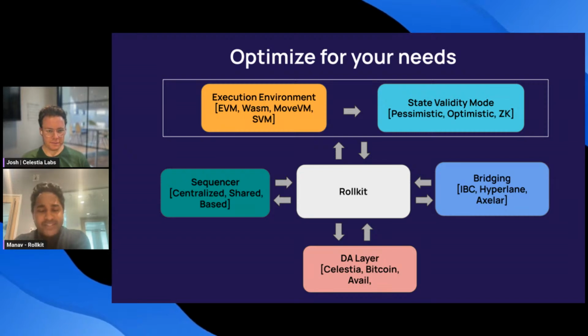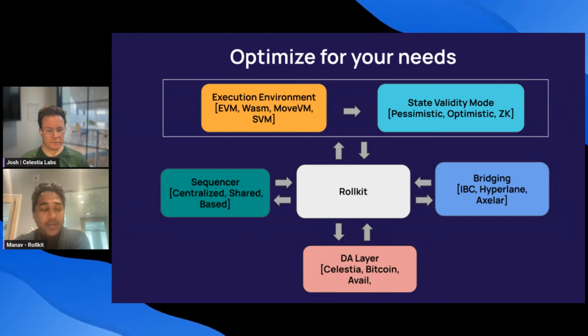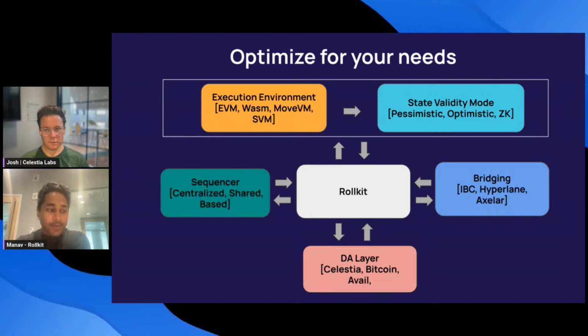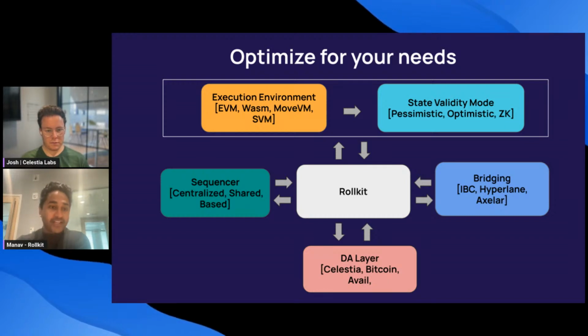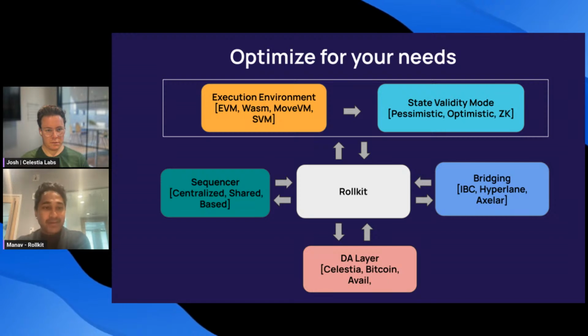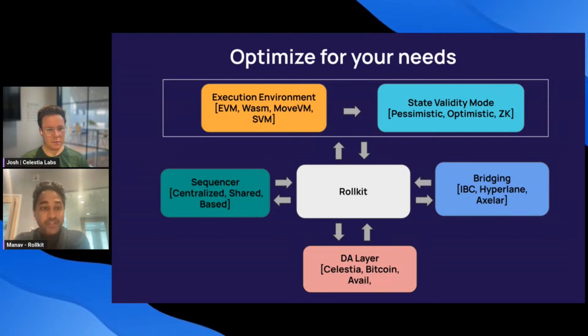Nice. The features I'm most excited about: right now we still support stage 0 rollups, which means there's a node for Rollkit that does both sequencing and execution, and it's a centralized node. So I'm excited about decoupling these components and adding more options and interfaces to allow developers to pick and choose these things.